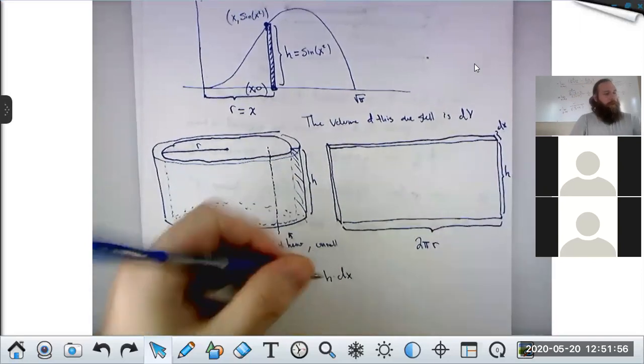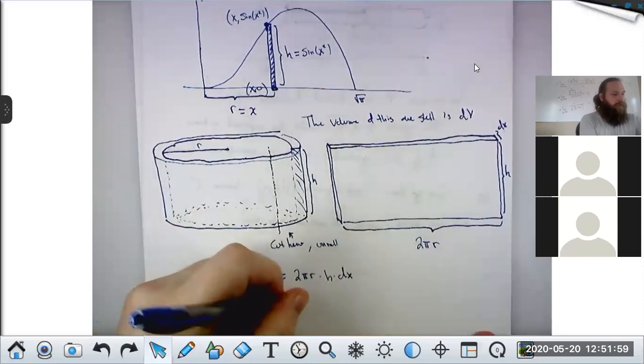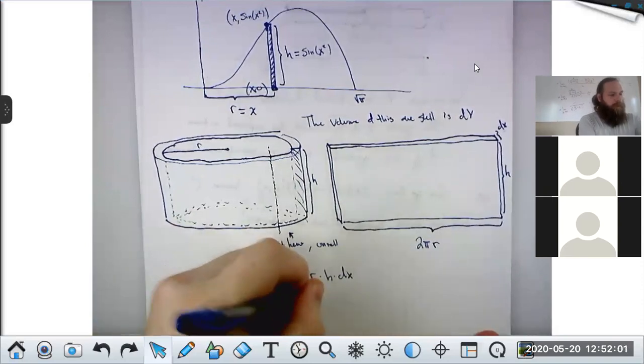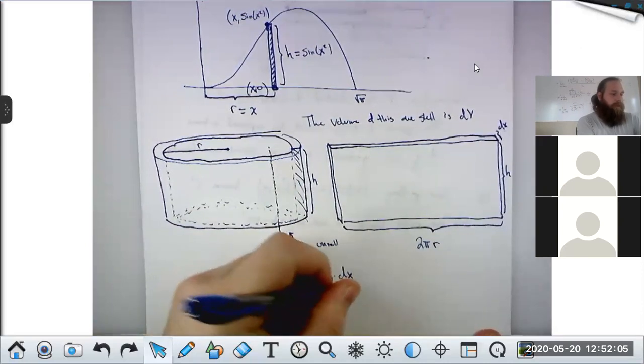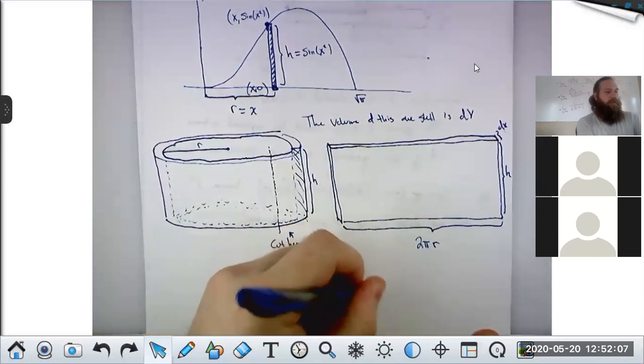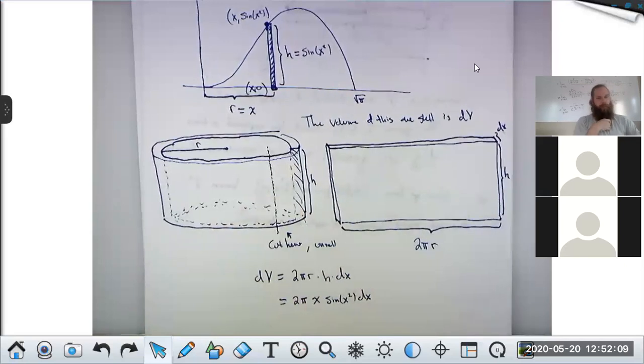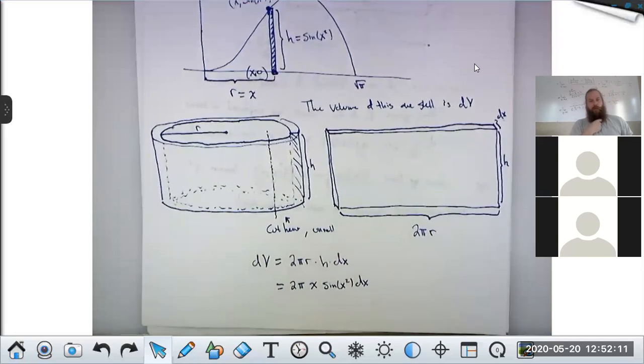And for this particular problem, that's 2 pi times my radius, which was x, my height is the sine of x squared, and dx is just dx. Good so far? All right, questions so far?